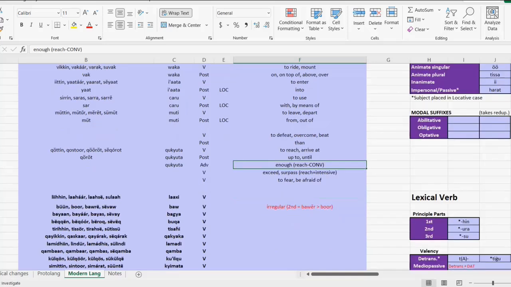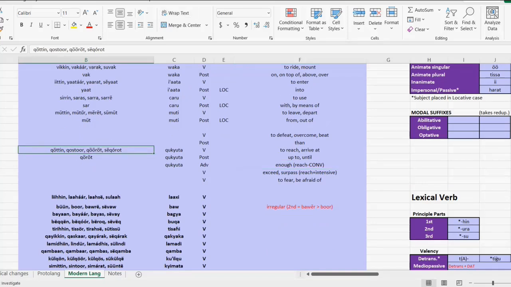Now for this word that means enough, which principal part should we use? The first principal part is the imperfective converb, so it's like, I have seen while reaching. The second one is the purposive converb, so like, I see in order to reach. And the third one is the perfective, so I see having reached.